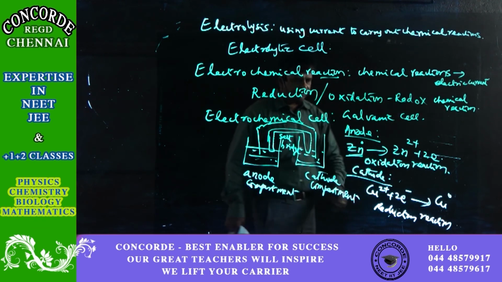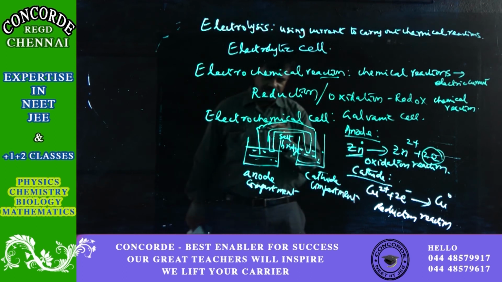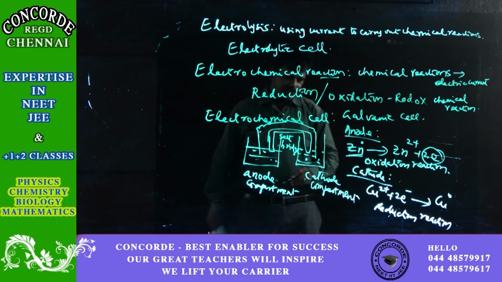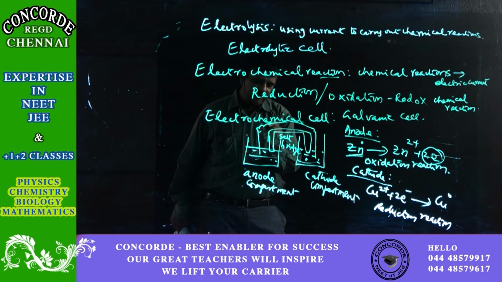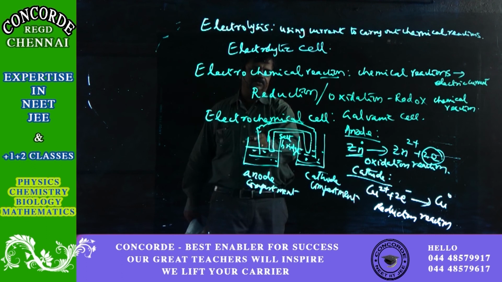From the anode compartment there is generation of electrons. These electrons travel from anode to cathode, and are utilized by the copper sulfate solution to become copper. When the electrons, that is negative charge, move from left to right, the current moves from right to left.